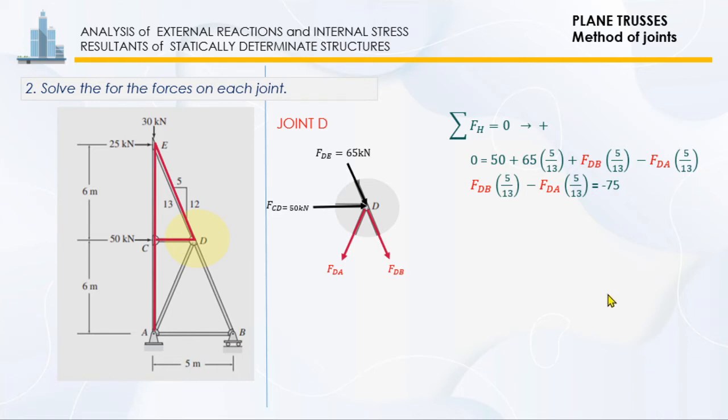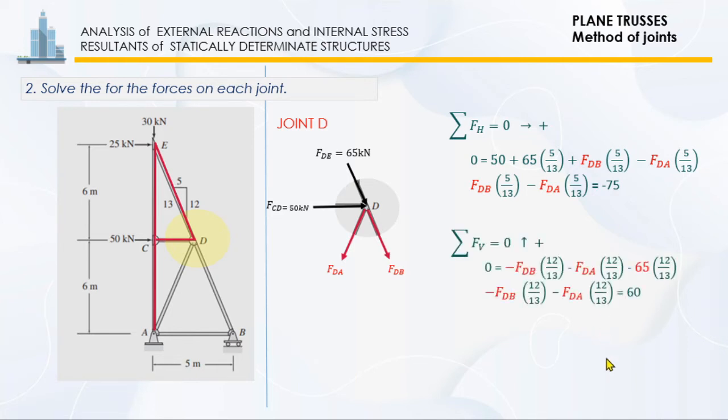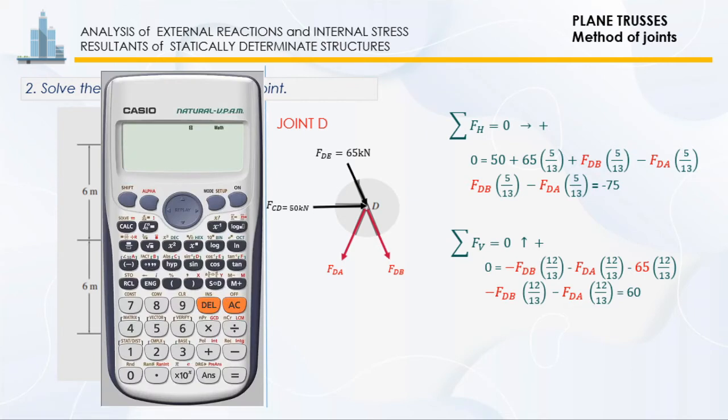Now, taking a summation of forces vertical, we could derive this equation: negative FDB multiplied by its slope 12 over 13 minus FDA multiplied by its slope of 12 over 13 is equal to 60. So using the calculator, we could easily solve FDB and FDA.